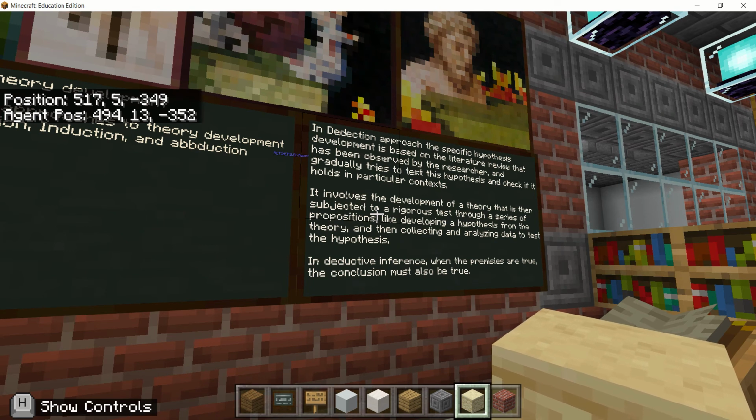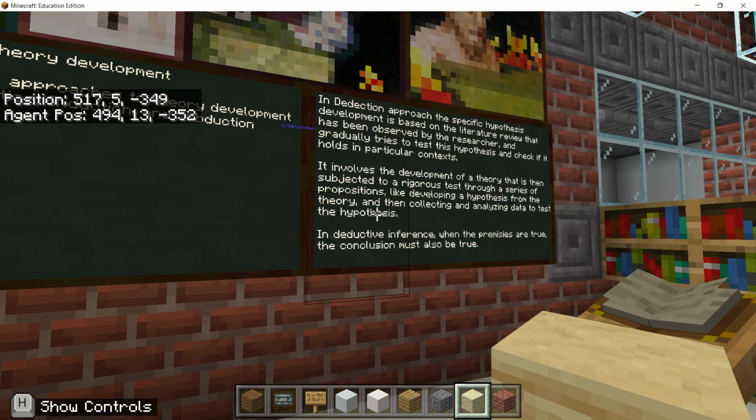It involves the development of a theory that is then subjected to a rigorous test through a series of propositions, like developing a hypothesis from the theory and then collecting and analyzing data to test the hypothesis. In deductive inference, when the premises are true, the conclusion must also be true.